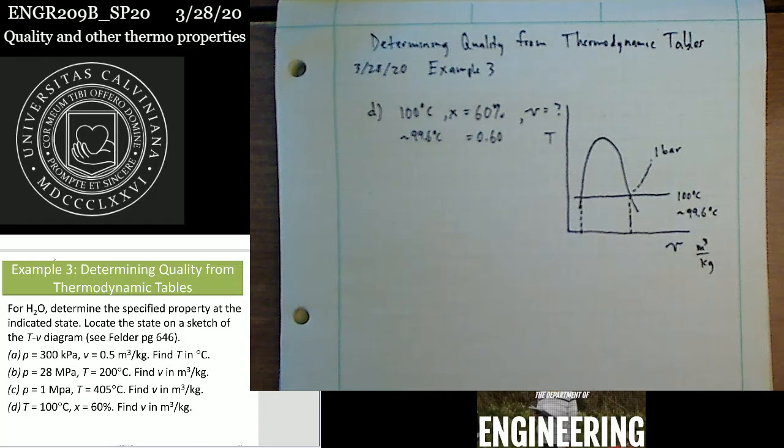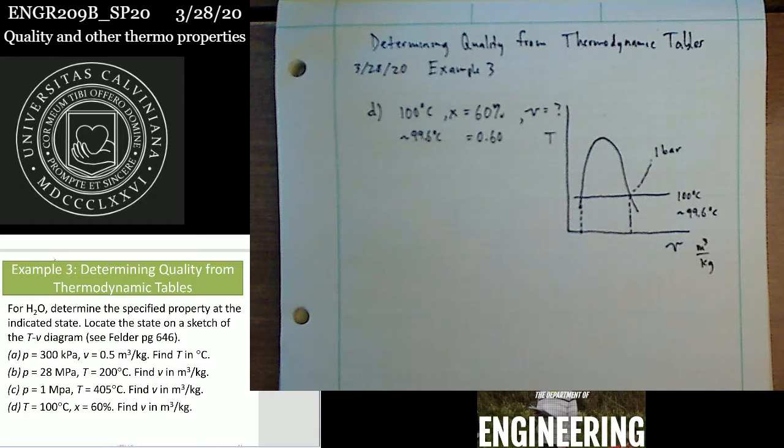So I'm going to cheat slightly and say 99.6 degrees C is basically 100 degrees C. But you could do this exercise interpolating between 151.8 degrees C and 99.6 degrees C to find 100 degrees C for all these values. That's just not a valuable use of your time. So for our purposes, 100 degrees C is going to be basically 99.6 degrees C. And it's only 0.4 degrees different, so not a big deal.